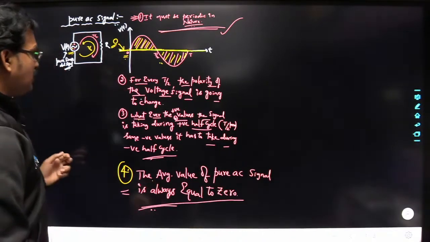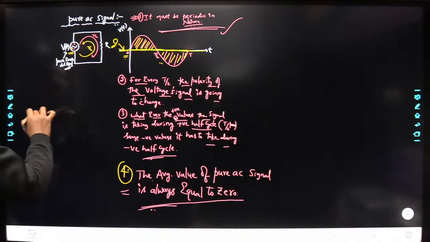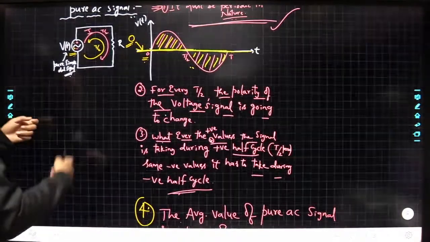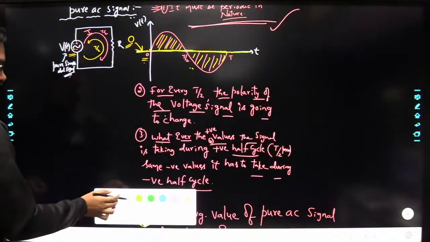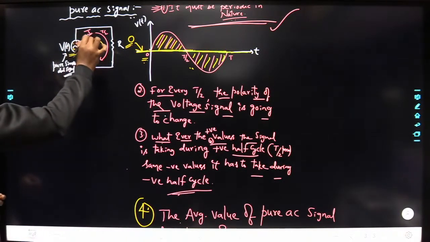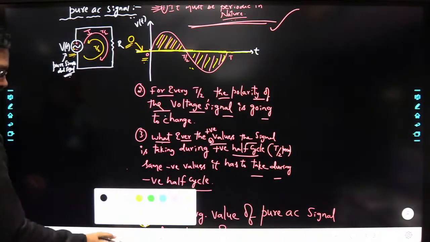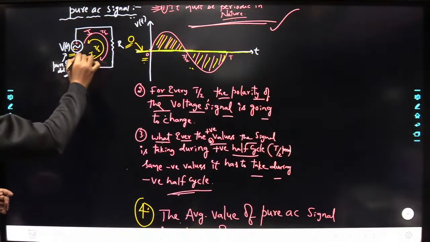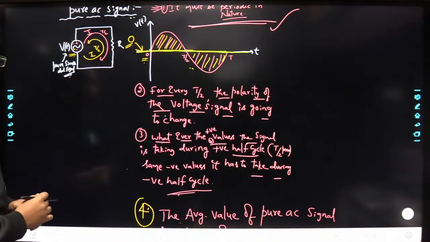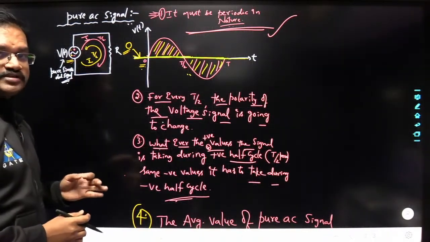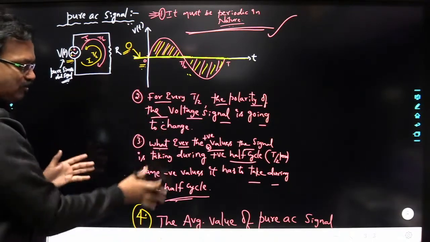Right. Okay. Now similarly, if you consider this current here, whenever the polarity here is plus and minus, the current direction is clockwise. Whenever the voltage signal changes its polarity, the current direction for the next T/2 is anti-clockwise, right? So if you are saying pure AC current signal, it has to satisfy all these properties here.